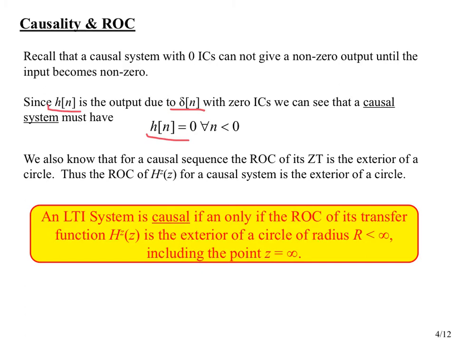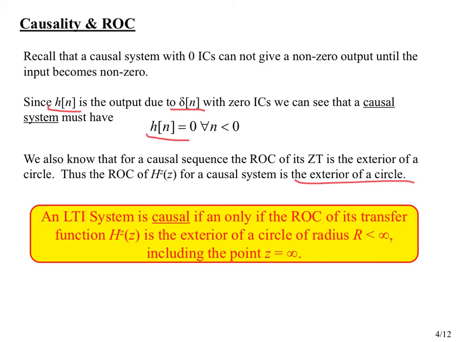So putting those two ideas together, if we look at the transfer function and the region of convergence is specified, all we've got to do is check to see if the region of convergence is the exterior of a circle. If it is, then we know that we have a causal system.